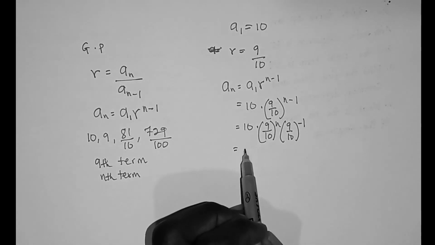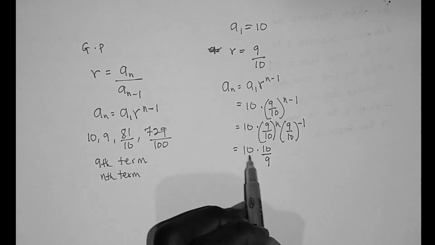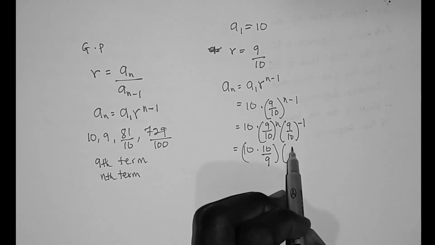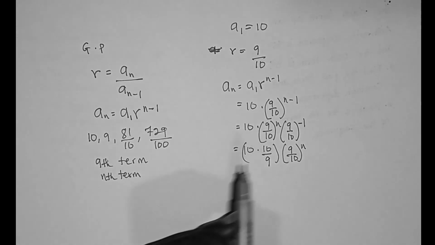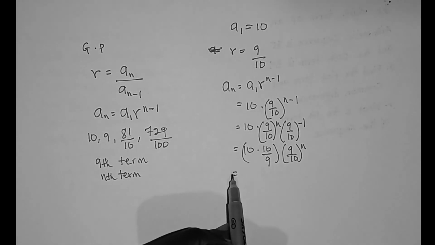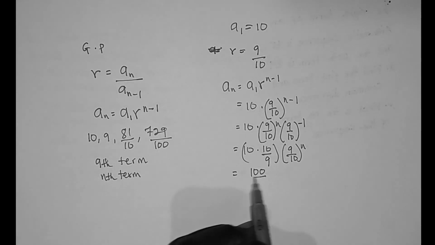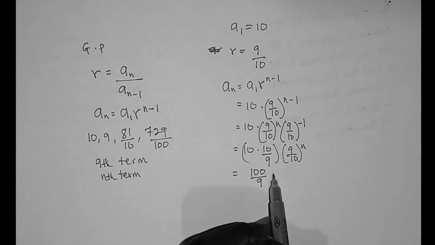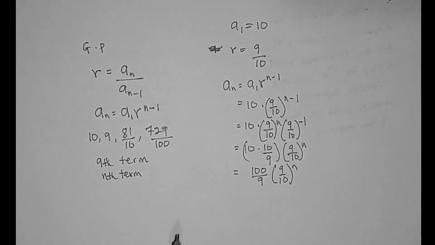So this becomes 10 times 10 over 9, all of that times 9 over 10 exponent n. So 10 times 10 is 100. So at the end of the day, this is equal to 100 over 9 times 9 over 10 exponent n. So this is the nth term of that sequence.